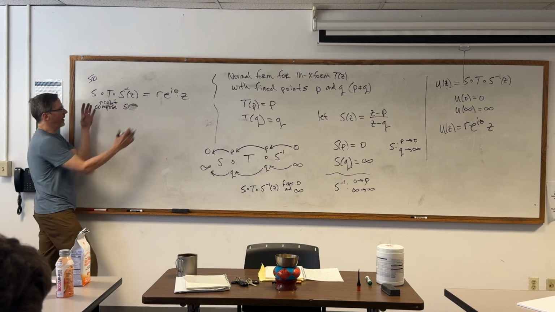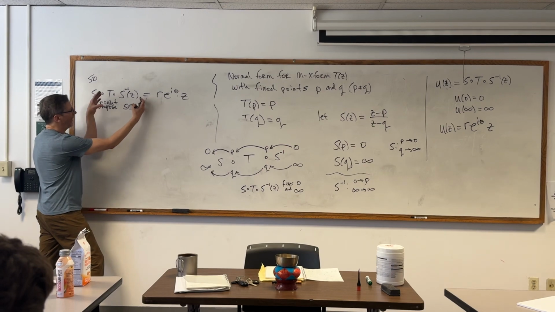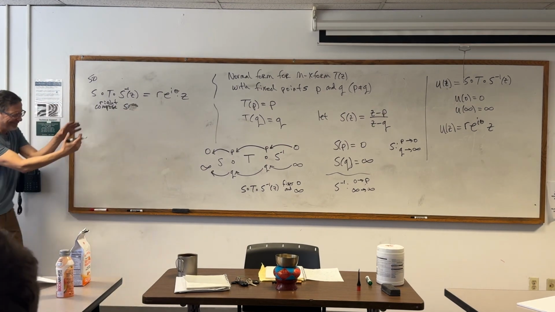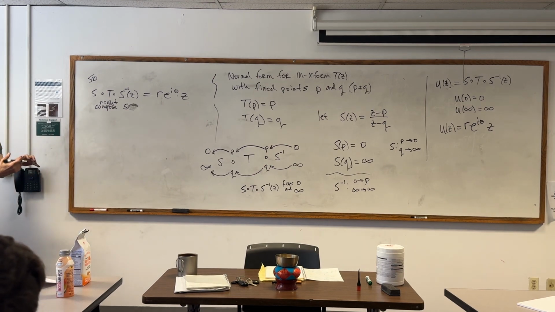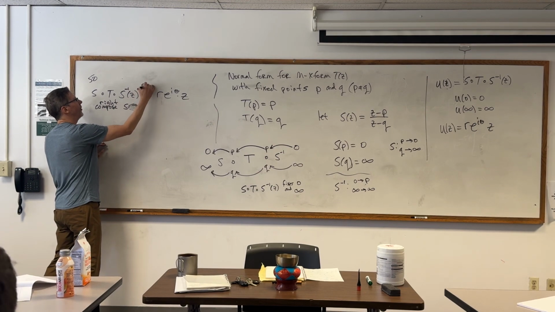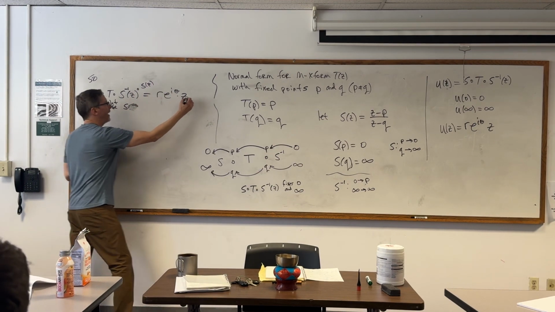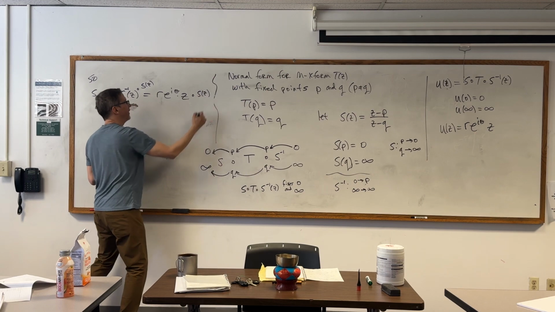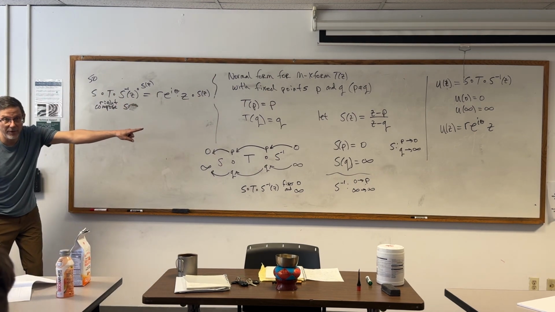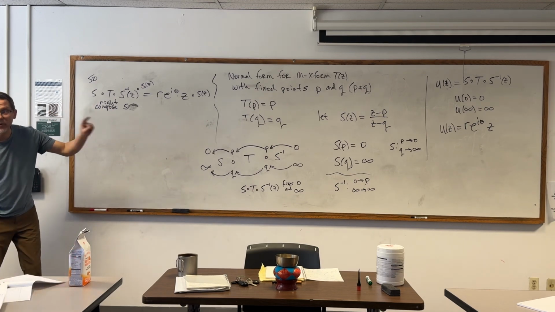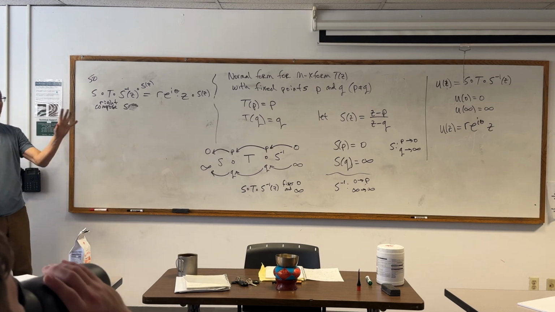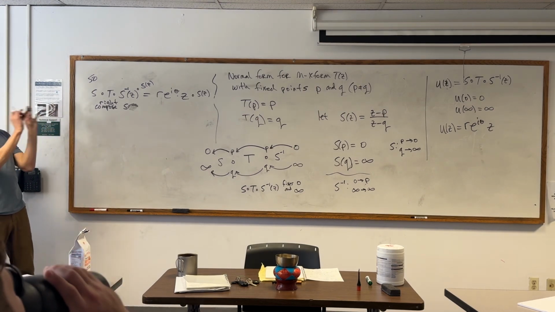In other words, I'm going to let this eat S and let this eat S. These are functions, so I'm going to insert a composition S of Z on this side and a composition S of Z on this side. And I can totally do that because S is a Mobius transformation. It is one-to-one and onto, it's got inverses, it's injective, bijective, if any of that means anything to you. This is a legit move.